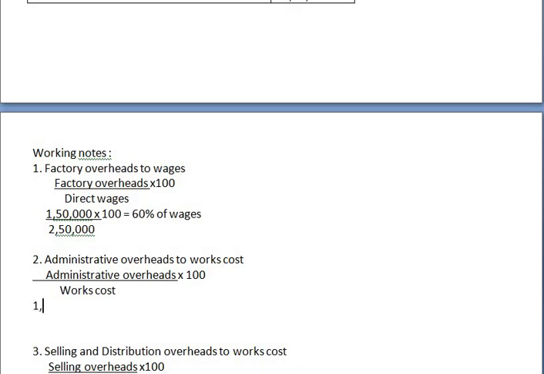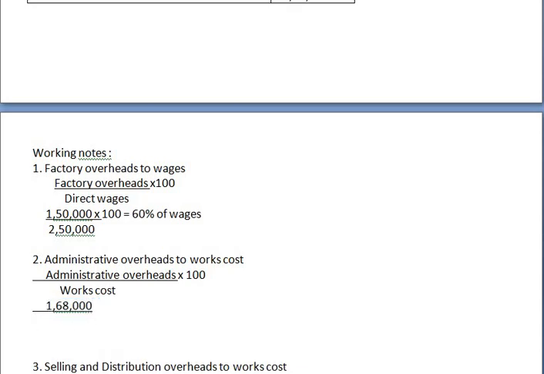So that is 1,68,000 divided by works cost, 7 lakhs, into 100.